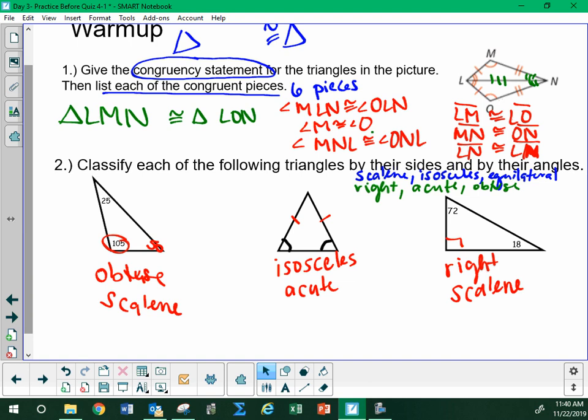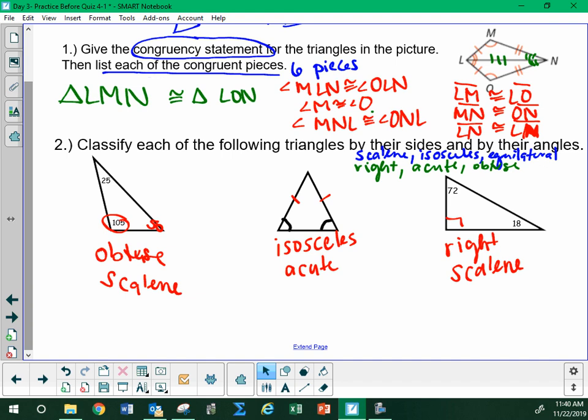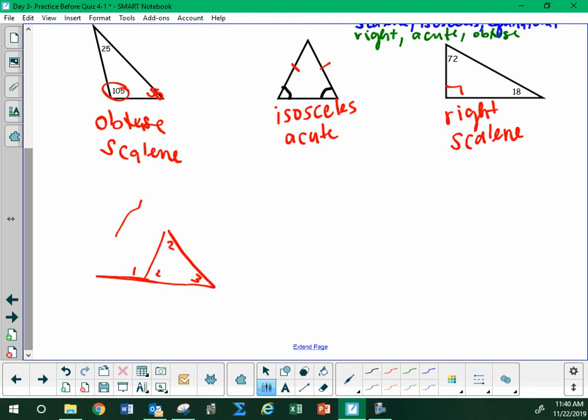Okay, so the only other thing that we learned on that first day was the triangle exterior angle theorem. Just a real quick refresher. So remember our exterior angle theorem. Let's say this is 1, 2, 3, 4.